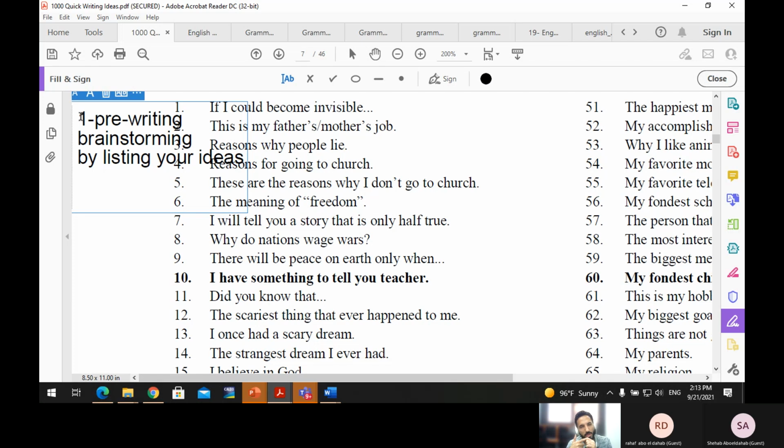يبقى stage number 1, pre-writing step. Number 2, organize your thoughts. Organizing. Organizing what?